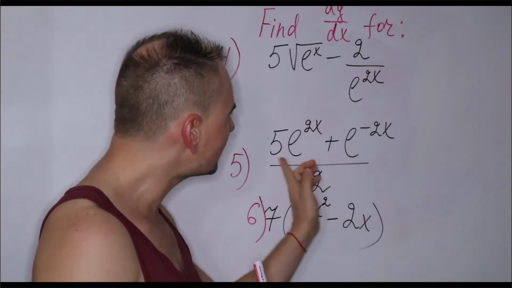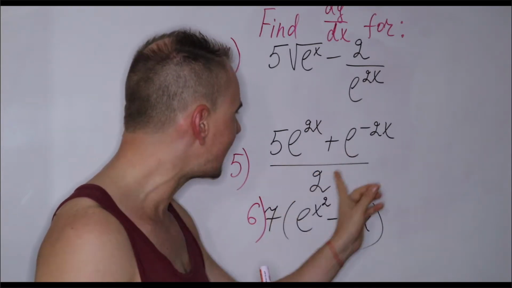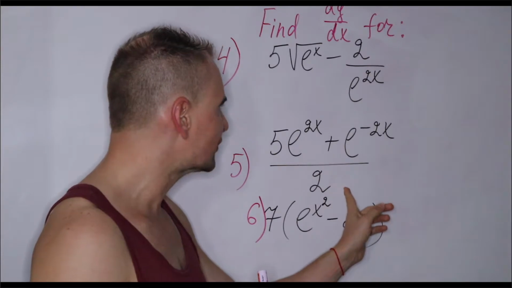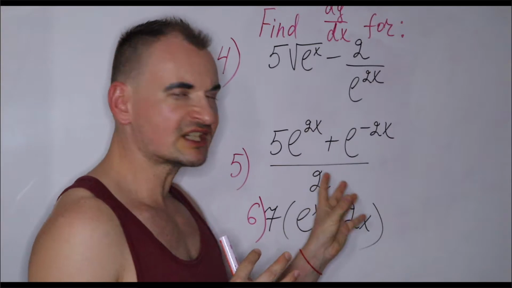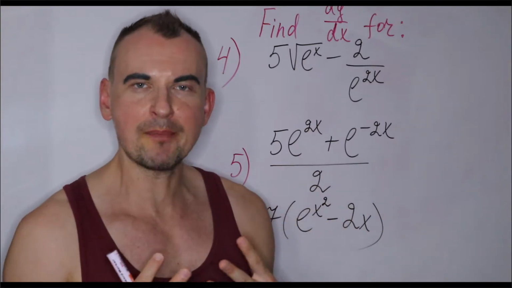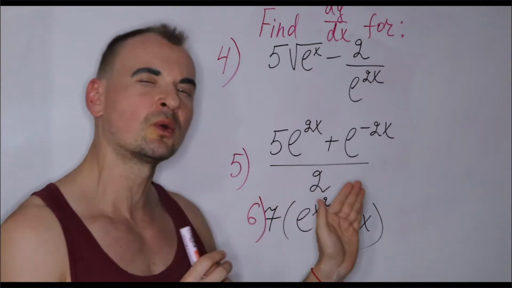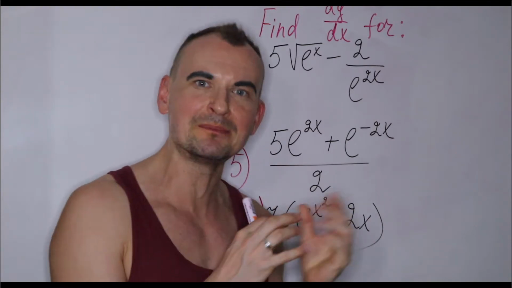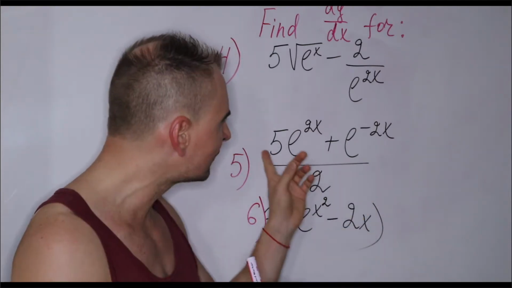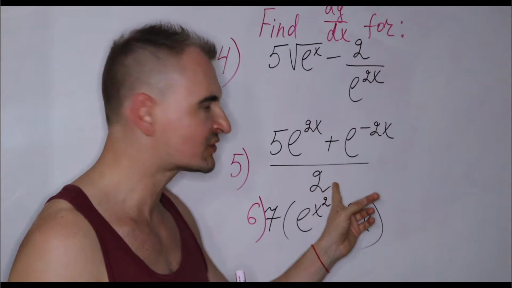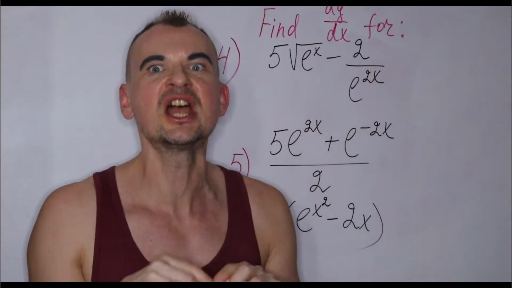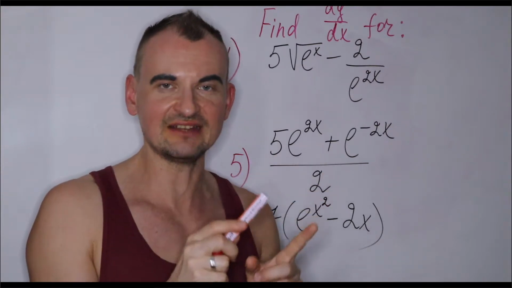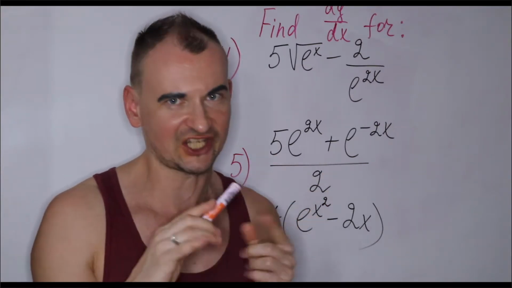For the second one, you have 2 pieces divided by a number, so you cannot take the derivative right off the bat. You want to use some algebra and break it down: divide by 2 and get 2 separate chunks, and after that take the derivative one piece at a time.